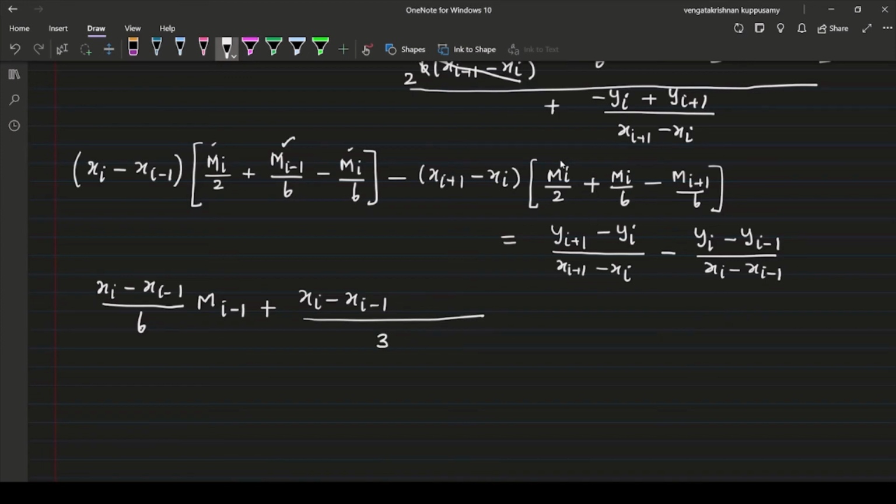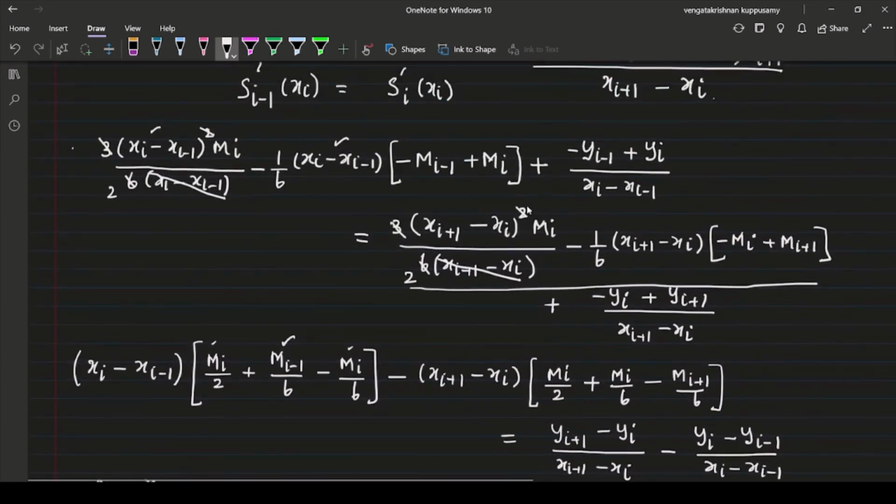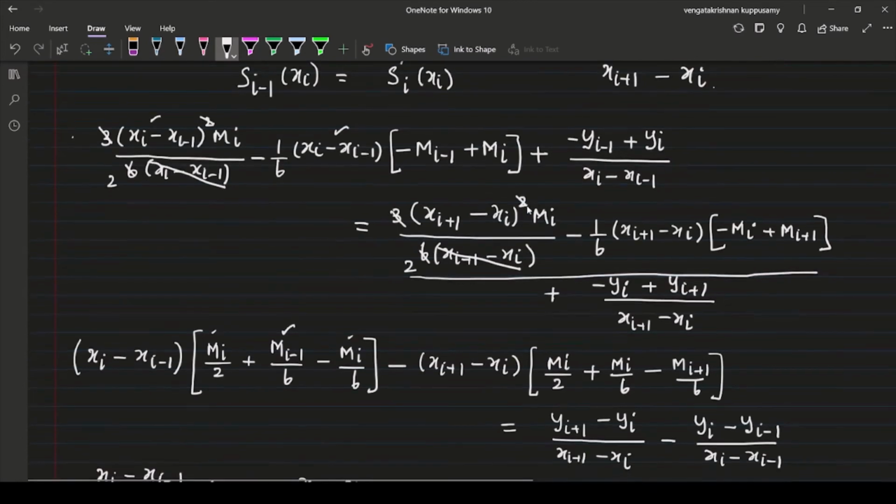In a similar way, here there will be one minus sign. I have missed one minus sign here. So it is plus m_i, so this becomes minus m_i.